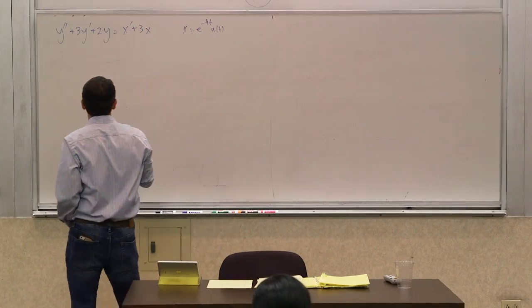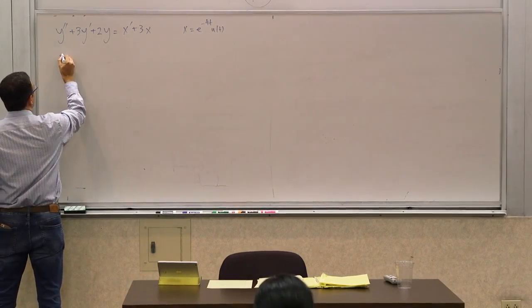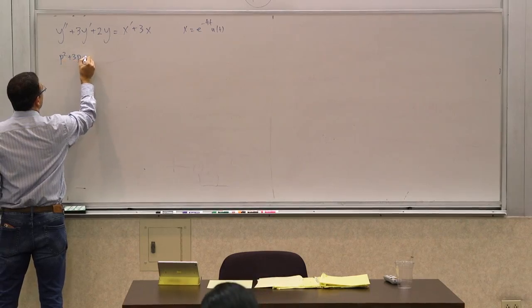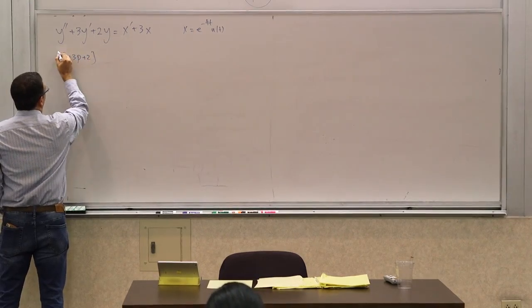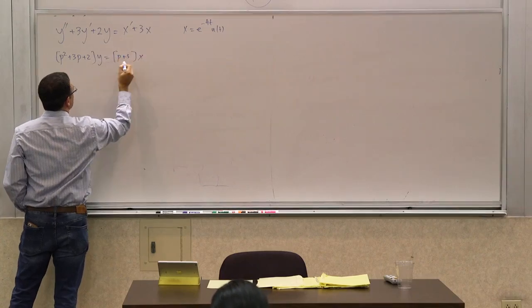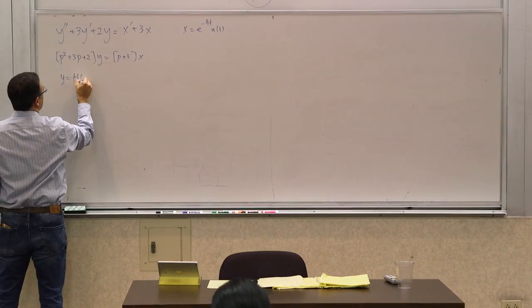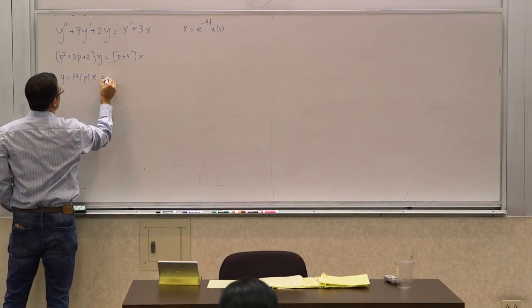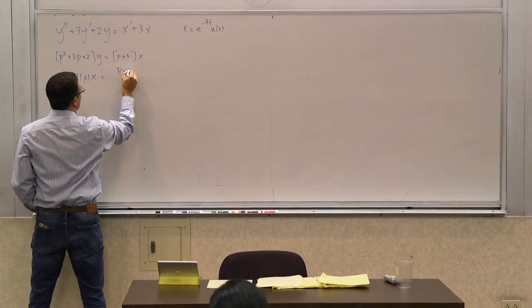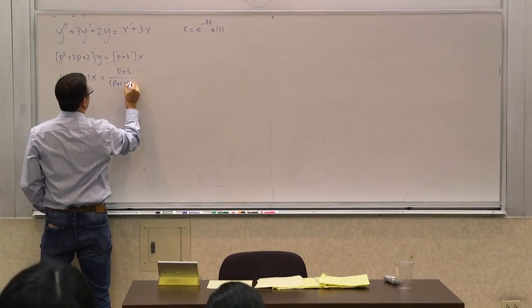So I'm trying to find the response to the system. First I need to find the system operator and system function. The system operator, of course, you can write as p squared plus 3p plus 2 times y, and this is basically p plus 3 times x. So you can write y as H(p) over x, which is basically p plus 3 over p plus 1 times p plus 2.